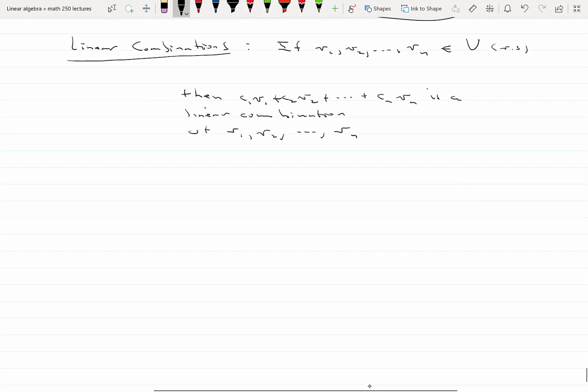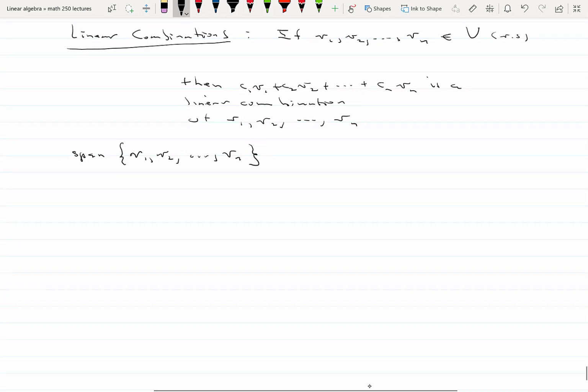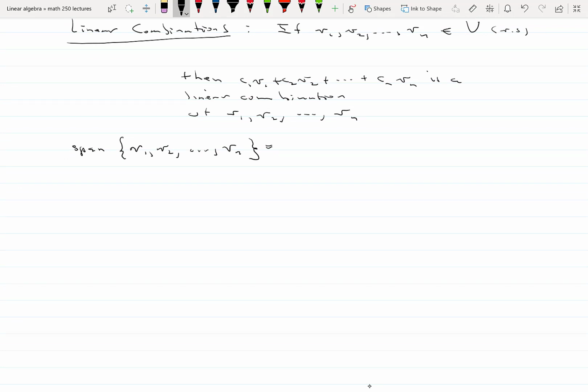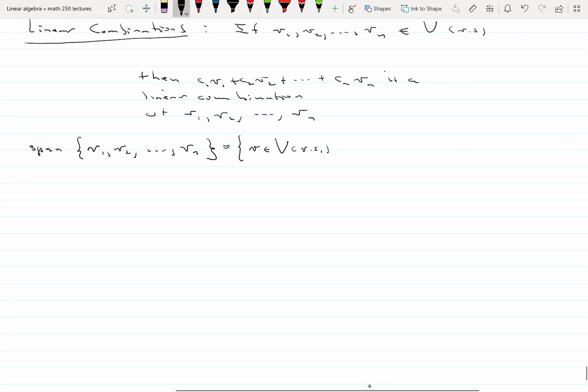Also in that section, we talked about the span of the vectors V1, V2, all the way up to Vn. And if you'll recall, we used the word span as a noun and span as a verb. This tends to cause a few problems with students just beginning with this stuff. So span as a noun, as an object, is the set of all v in the vector space such that v is a linear combination of those vectors.